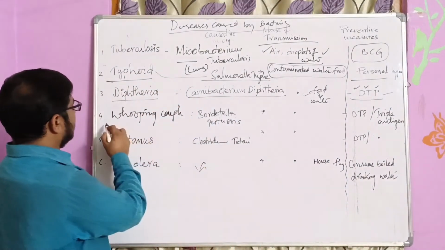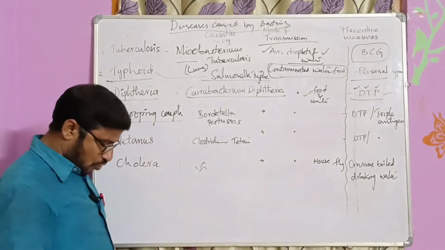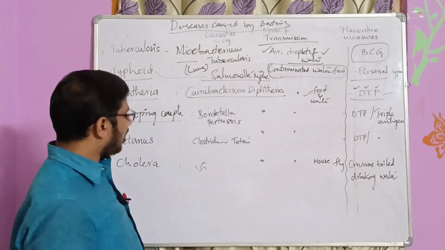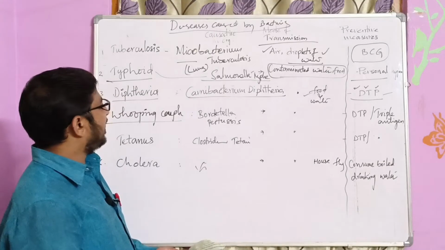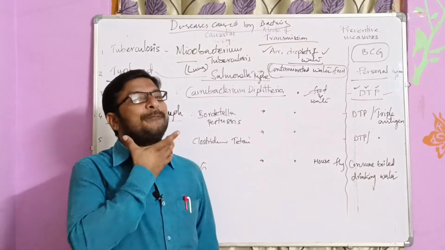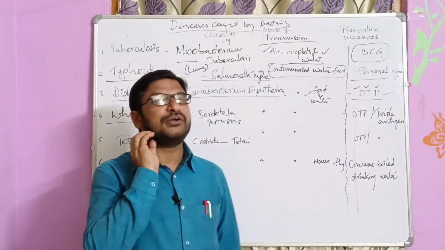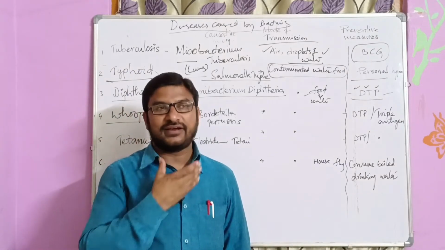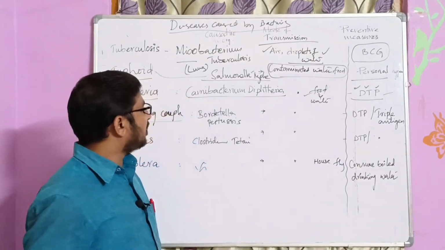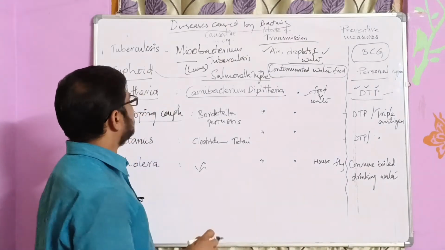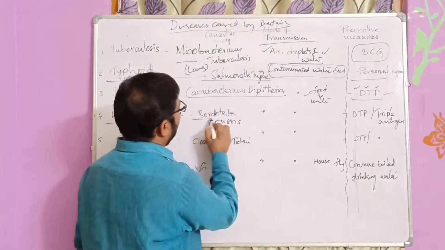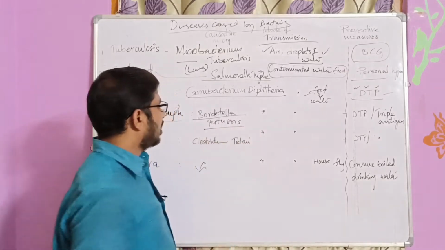Coming to the next disease, that is called whooping cough. Whooping cough is actually related to the parotid glands. Swelling of the parotid glands will be there in this disease, and it is caused by a bacterium called Bordetella pertussis.